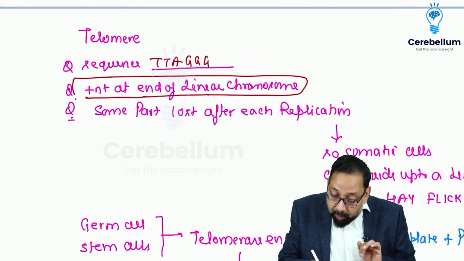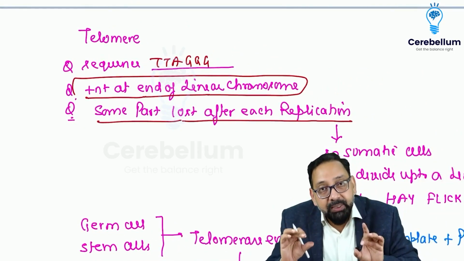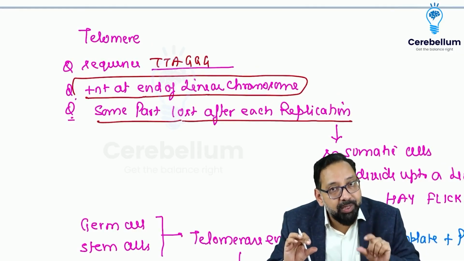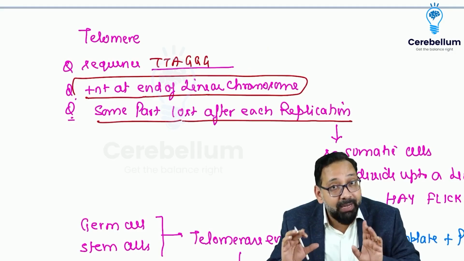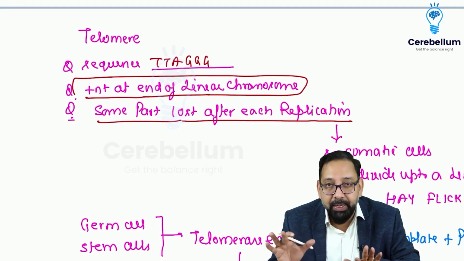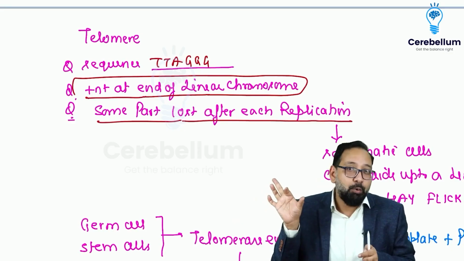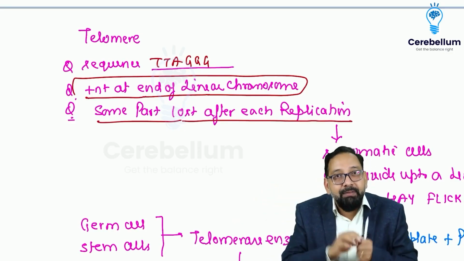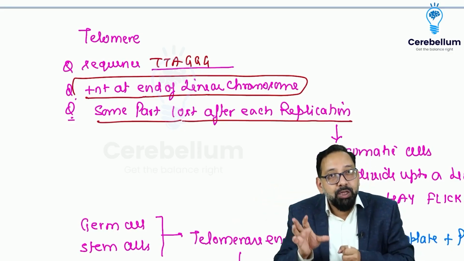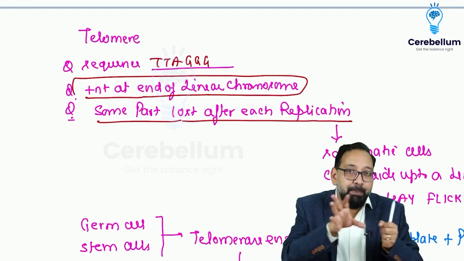Some part is lost after each replication. We found that after each replication, a small portion of DNA is lost, and nature is very wise. This telomere is not going to code for any protein, which is why nature kept telomere at the end of the chromosome. Whenever DNA divides, the lost portion would be telomere, and it does not affect any protein.